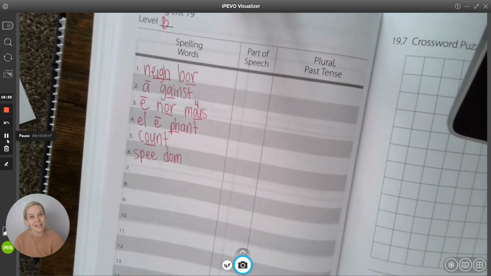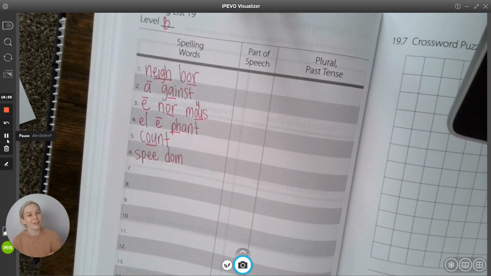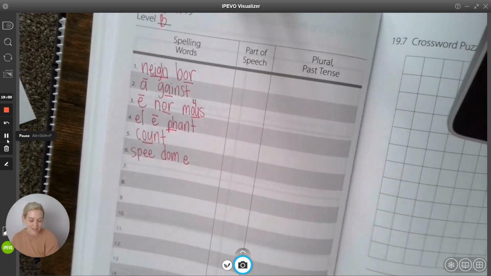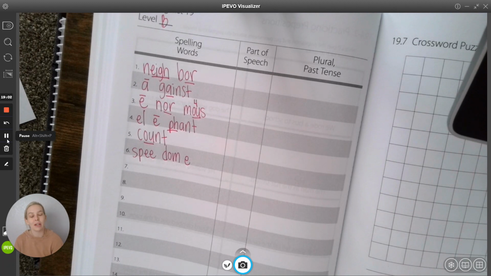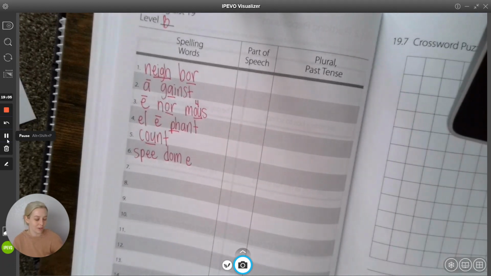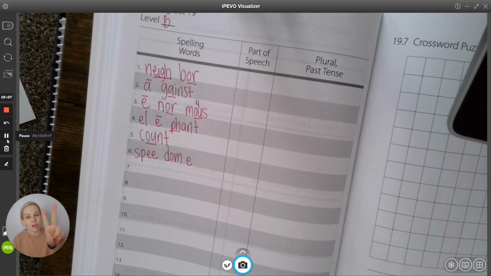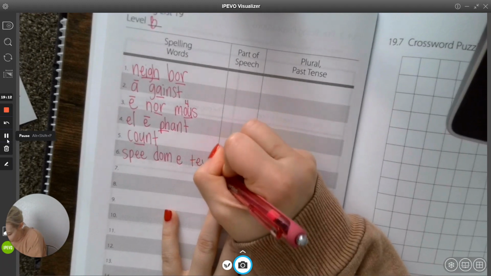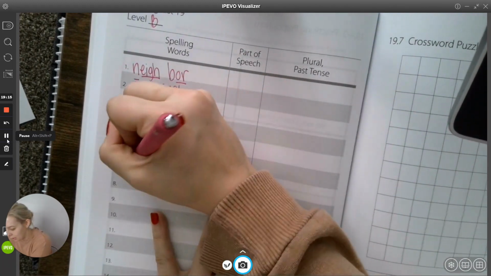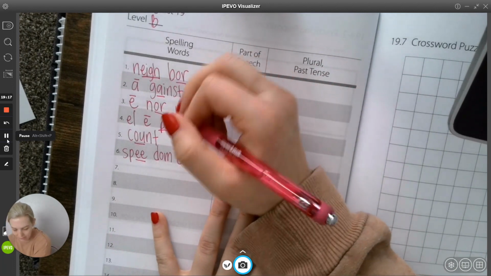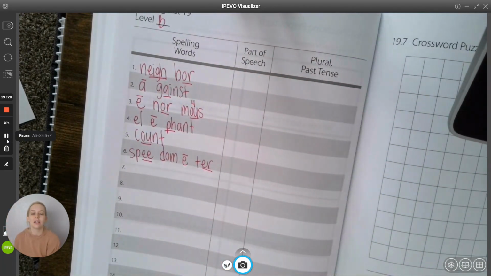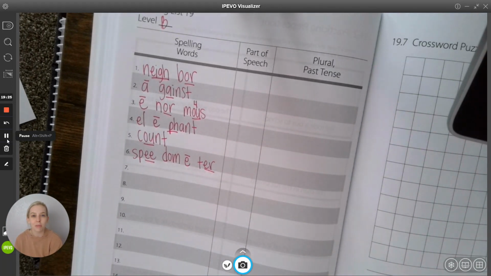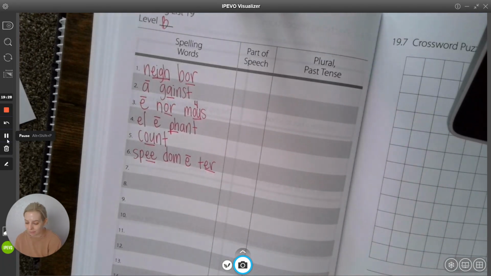Third syllable is E, sound it out, E, finger spell, E. Last syllable is ter, sound it out, t, finger spell, t, er. All right, underline our phonograms, and then E says its long sound here, speedometer. And when we say it quickly, it might have a schwa sound for speedometer. It might go the I sound.